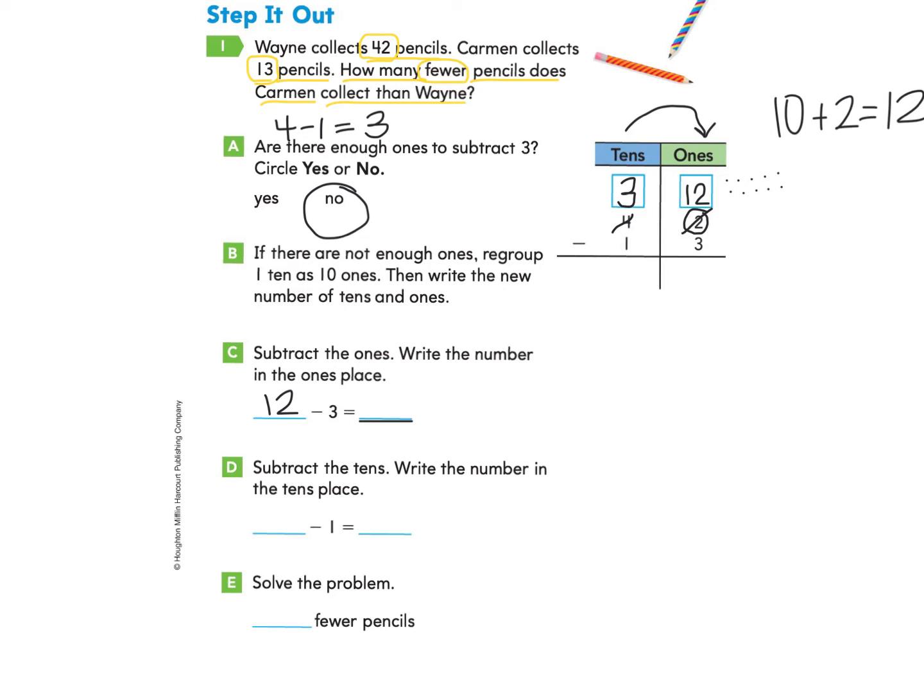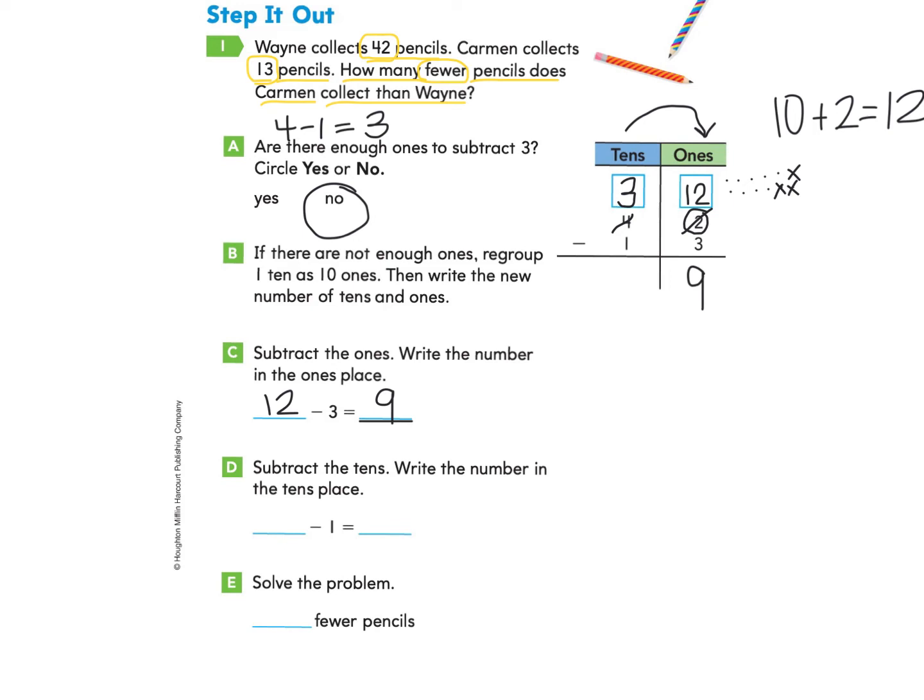And maybe you need to draw it out. That could be a possibility too. So here we'll have 12, and then we're going to take away 3. So maybe we X out 3 of these dots, and then you can count the rest. And when you subtract 12 minus 3, you are going to get the answer of 9. So we're going to write 9 here in the ones column.